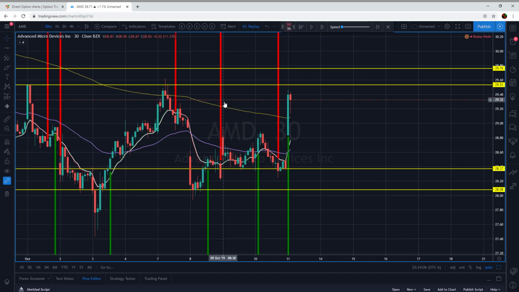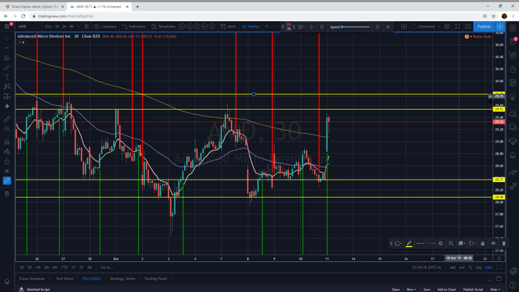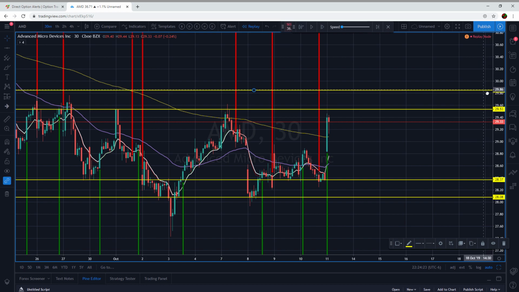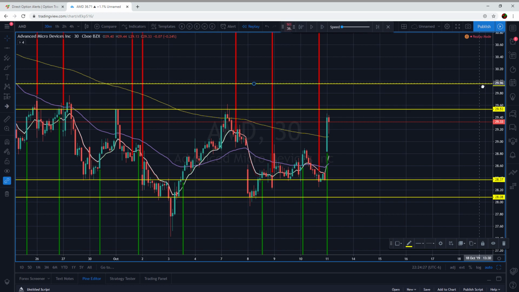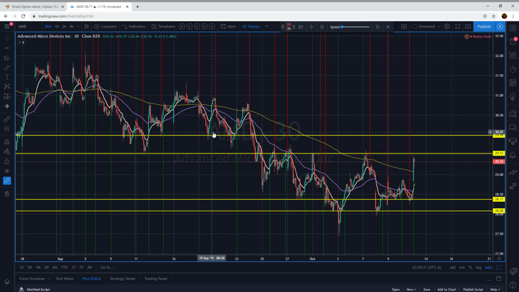So we're going to look for the strike price. 29.76 is the resistance, but the options contract we'll buy is the $30 strike price. That's still the support right there.